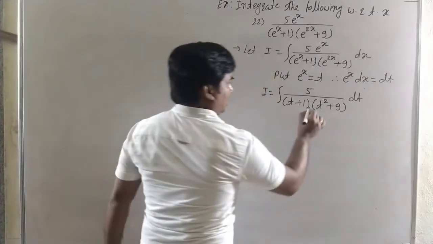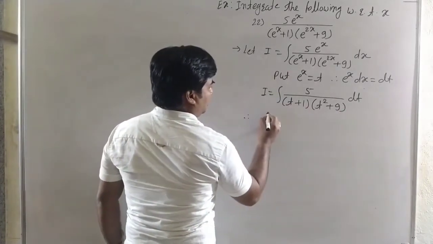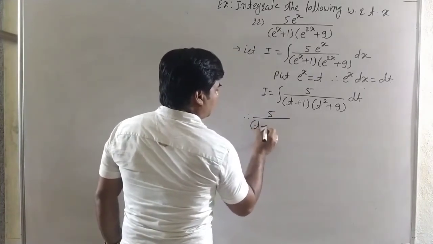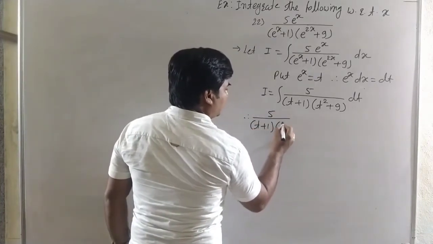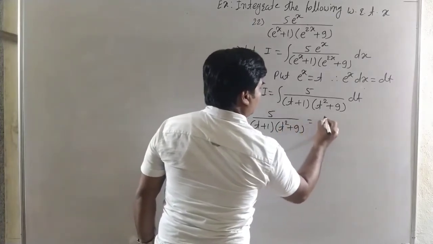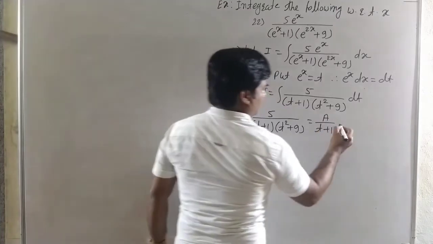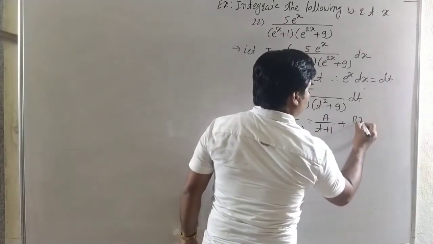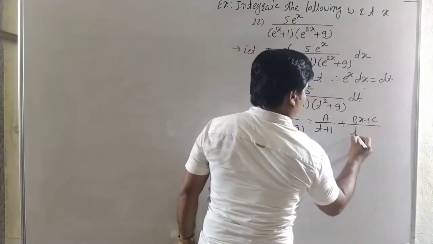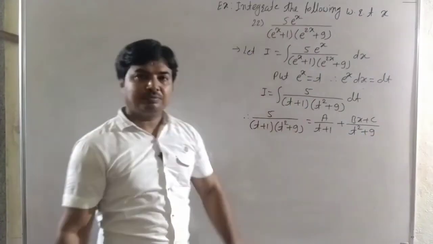Now we can write 5 upon (t + 1)(t squared + 9) is equal to A upon the linear factor, plus (Bt + C) upon (t squared + 9).